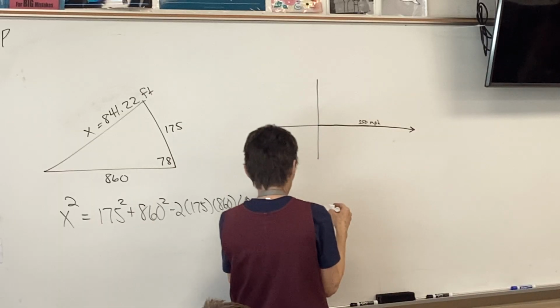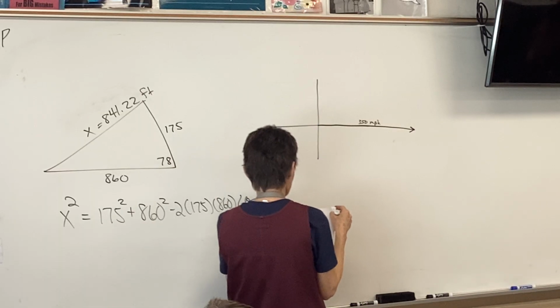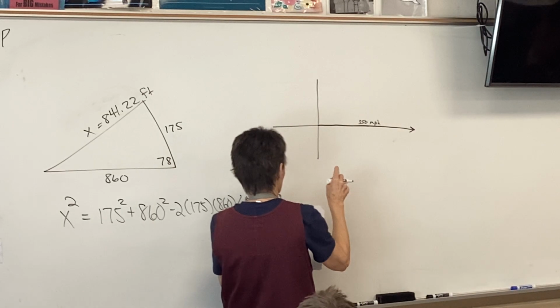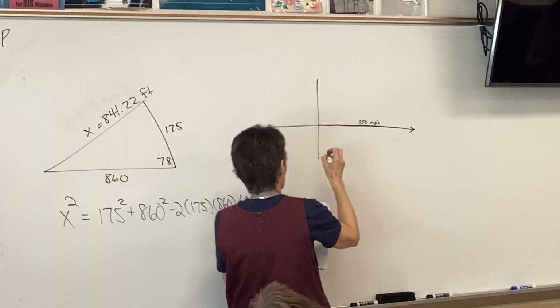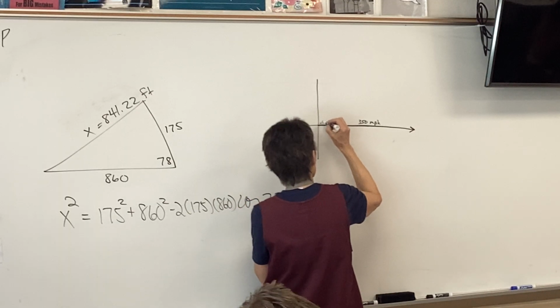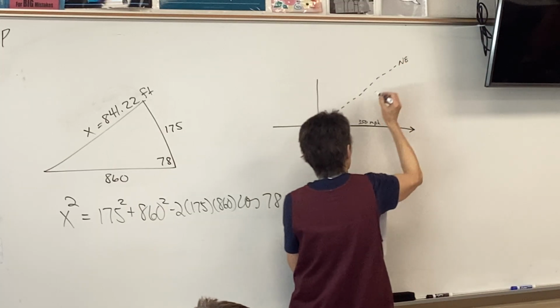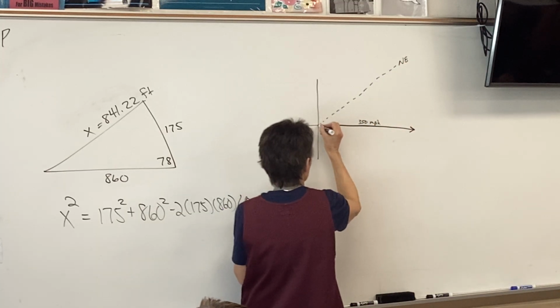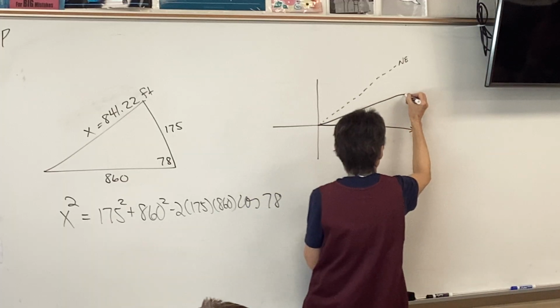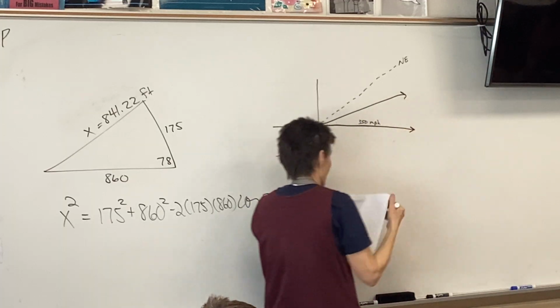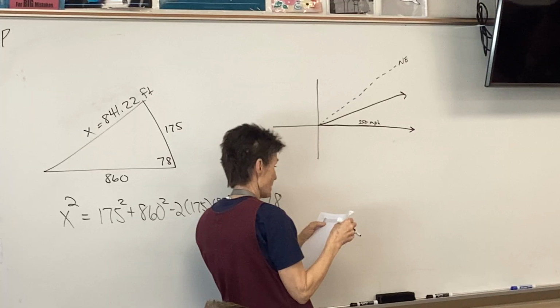And then the other one flies east-northeast. Remember, this right here is northeast, so east-northeast would be right here. Would you agree with that? And he is going 380.